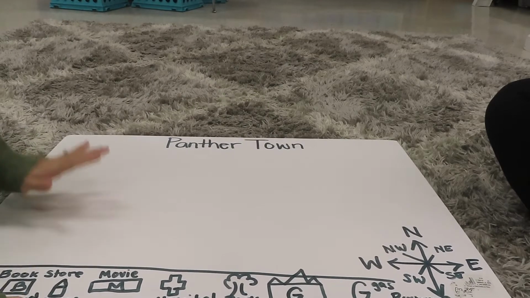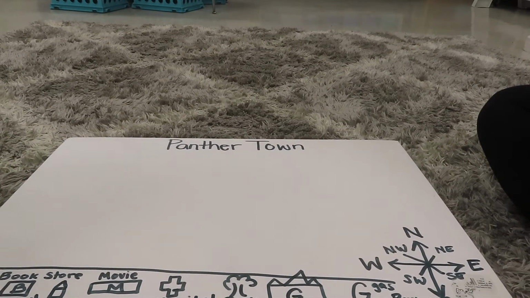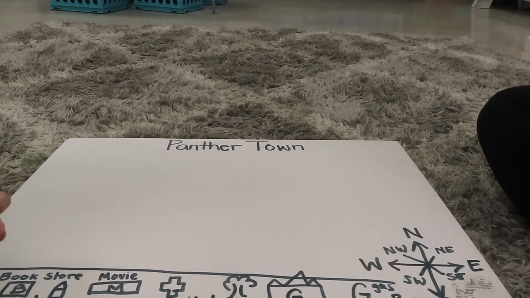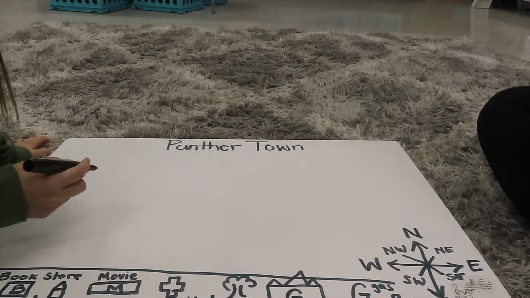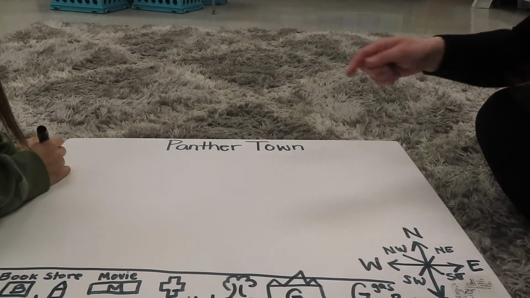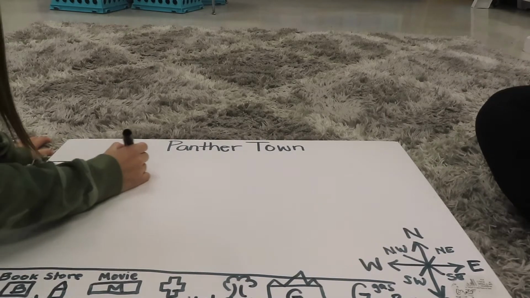Alright, so we have our board here. We are going to just use some markers and get to work. It might be easiest if you have an adult or an older sibling draw the roads for you. So where do you want our roads to go, Miss Shirley? Maybe 2 right here. 2 down the middle? Yeah.